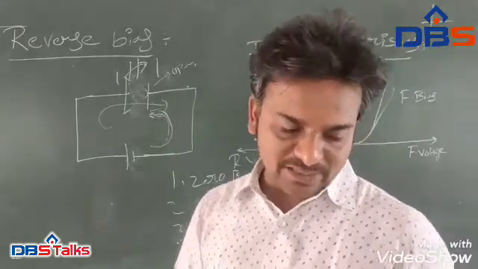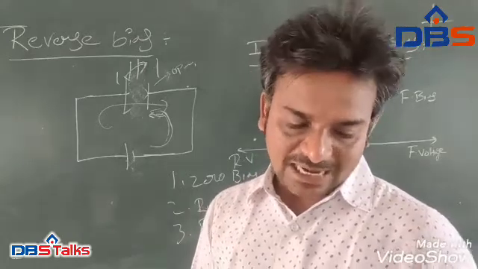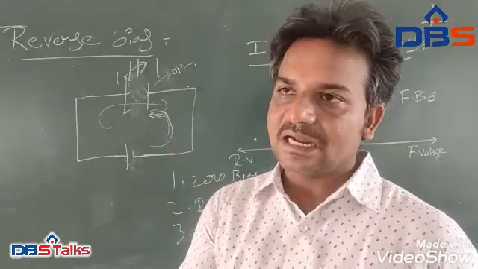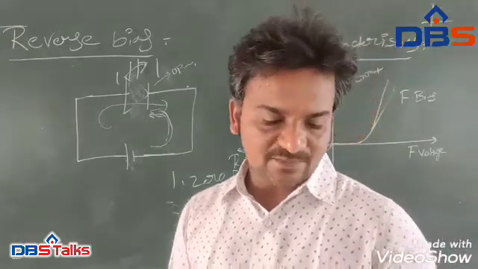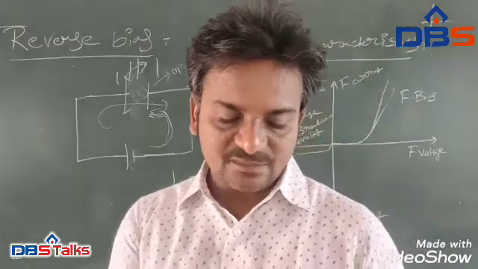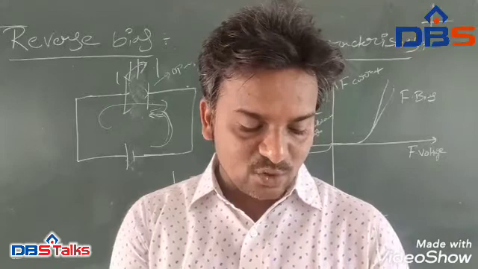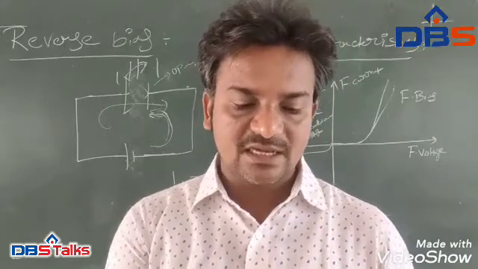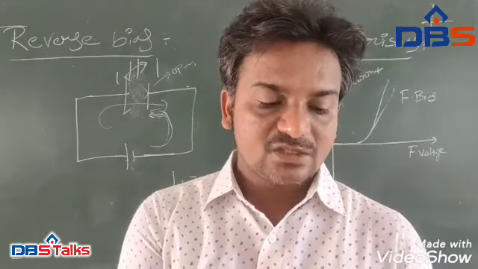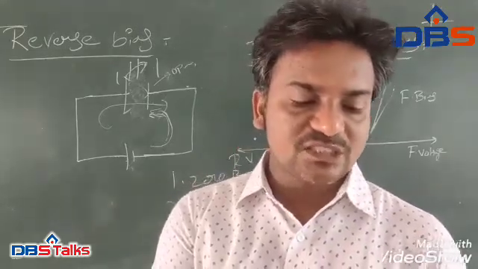The properties of a PN junction diode are: it conducts electricity in forward bias condition and offers low resistance for current flow. In reverse bias condition, it offers high resistance and there is no current flow. The uses of a PN junction diode: it can be used as an electronic switch.